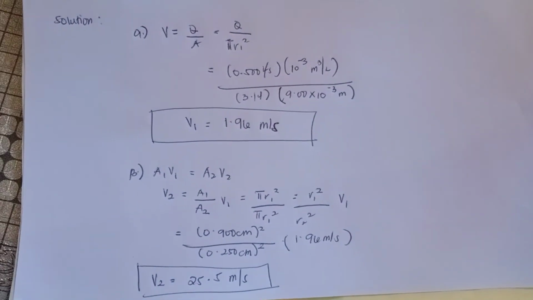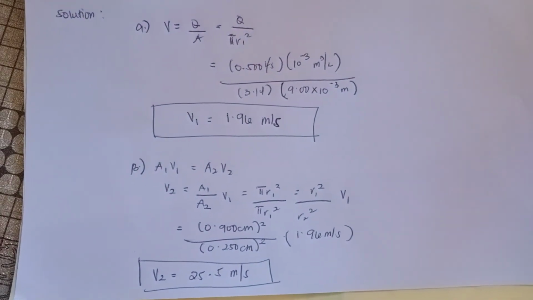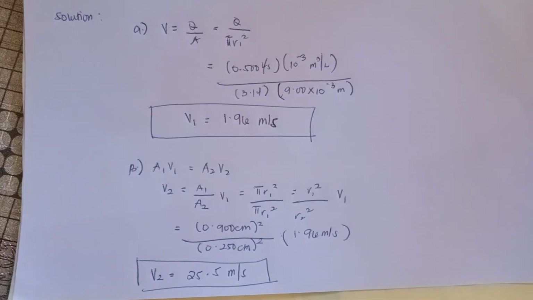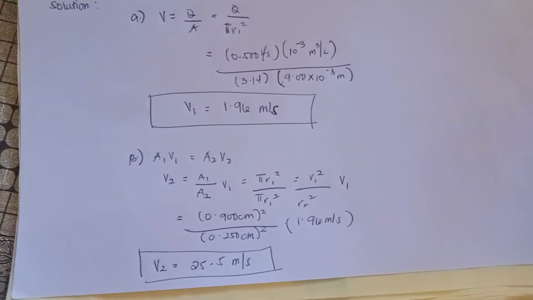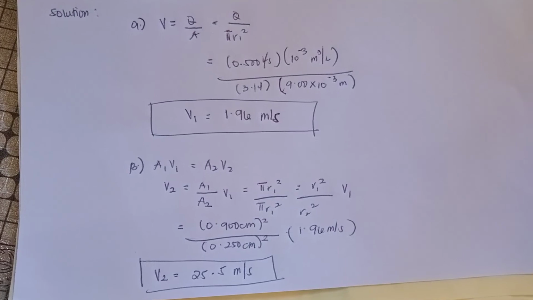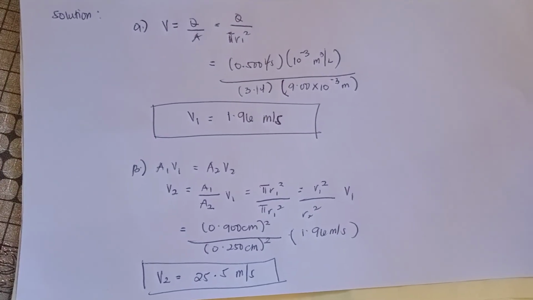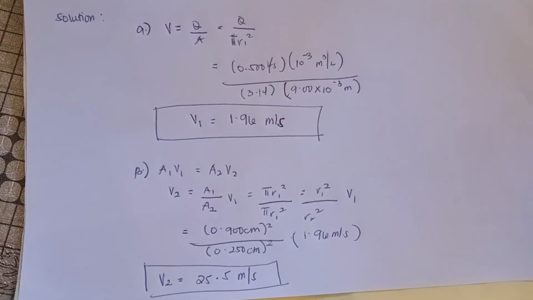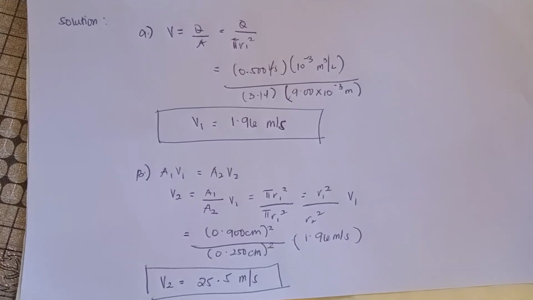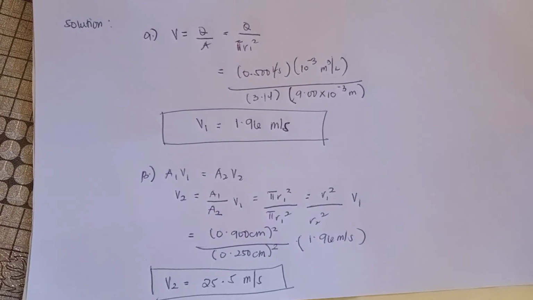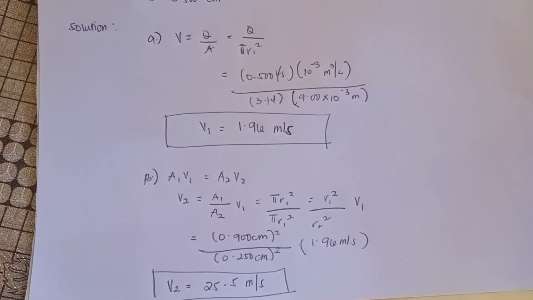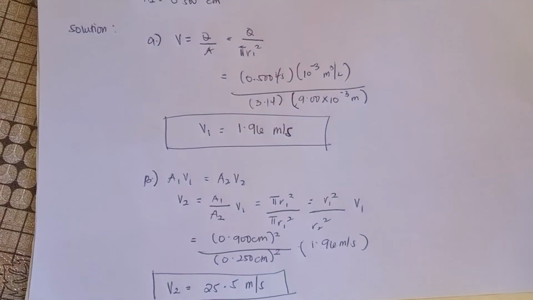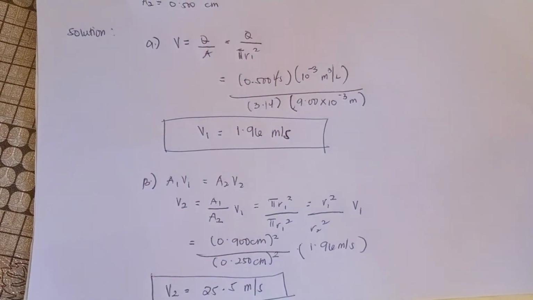Using the formula A1 V1 equals A2 V2. So V2 equals A1 over A2 times V1, equals pi r squared 1 over pi r squared 2, which equals R1 squared over R2 squared times V1.